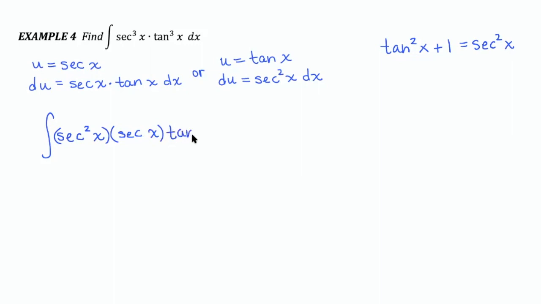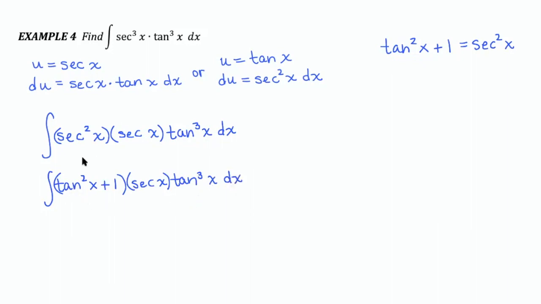And then I've got a tangent cubed x dx. Secant squared x equals tangent squared of x plus 1. Then I have secant of x, and then I have tangent cubed of x.